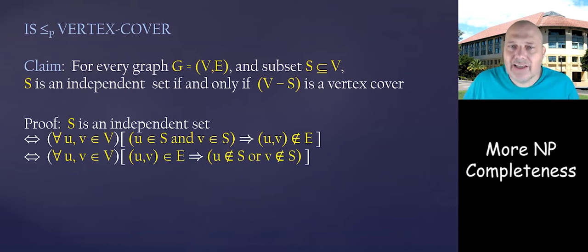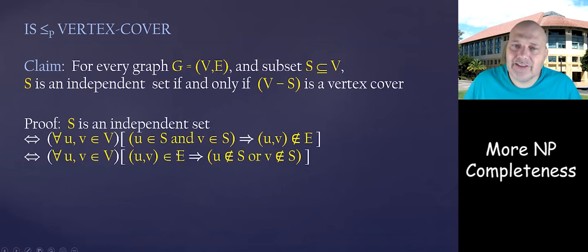So this is equivalent, using the contrapositive, to the fact that for every 2 vertices U, V, if UV is an edge, then either U is not in S or V is not in S. Because we said if both of them are in S, then UV cannot be an edge.